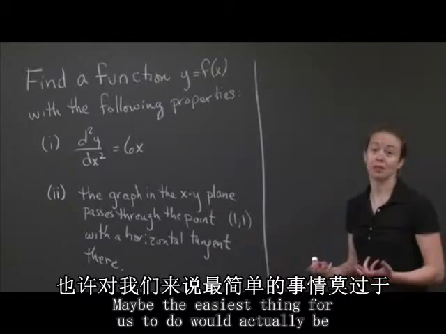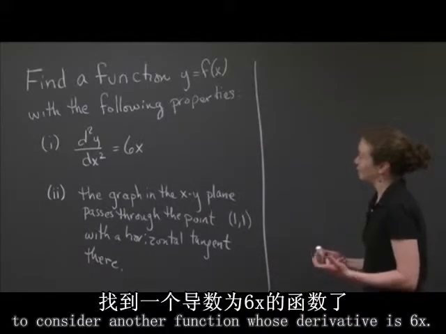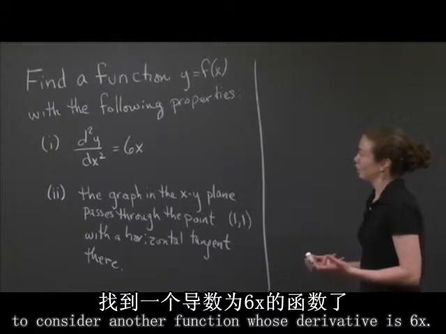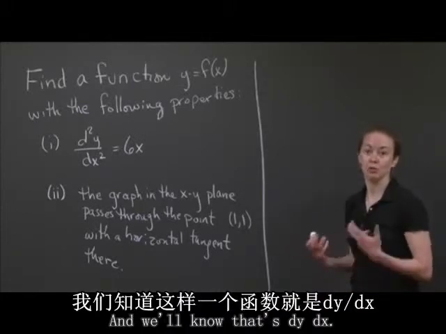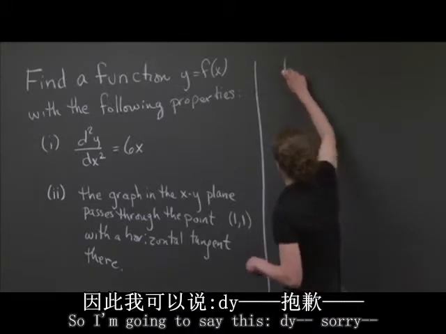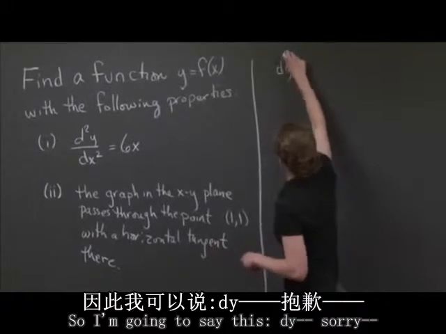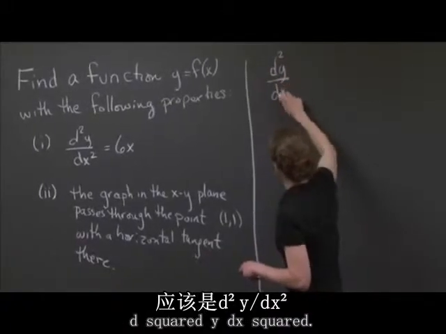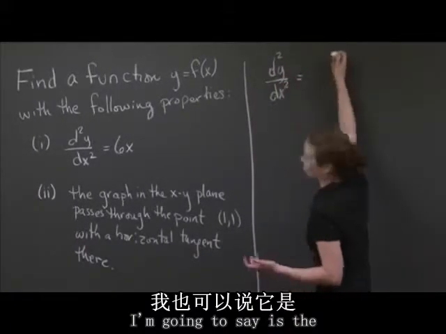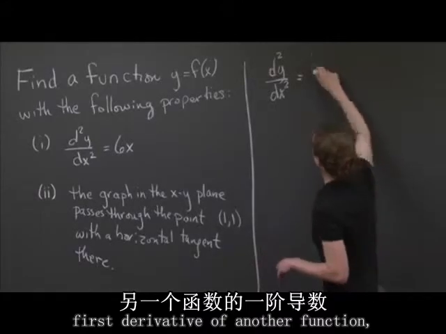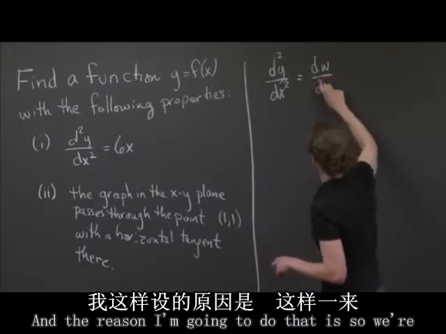Maybe the easiest thing for us to do would actually be to consider another function whose derivative is 6x, and we'll know that's dy dx. So I'm going to say this d squared y dx squared is the first derivative of another function. We'll say dw dx.